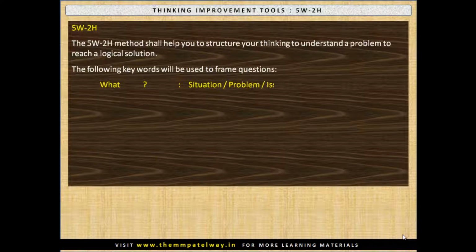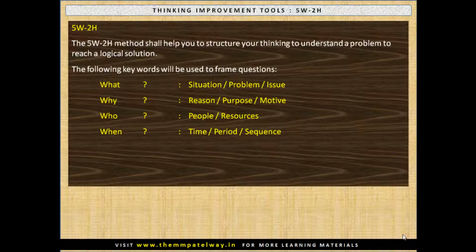What? To understand the situation, the problem or the issue. Why? To understand the reason, purpose or the motive. Who? To understand people or the resources. When? To understand time, period, sequence, frequency, etc. Where?